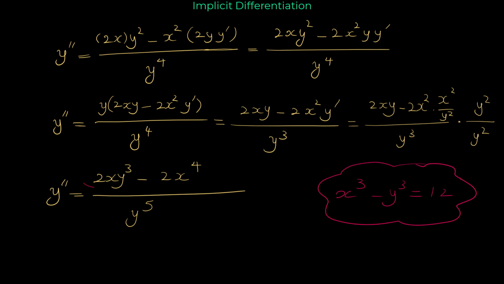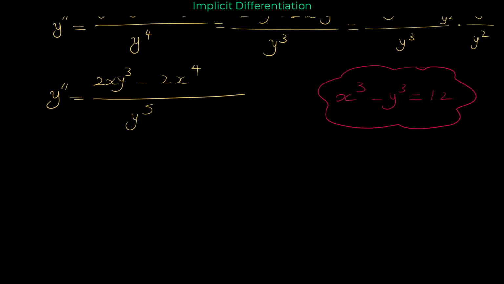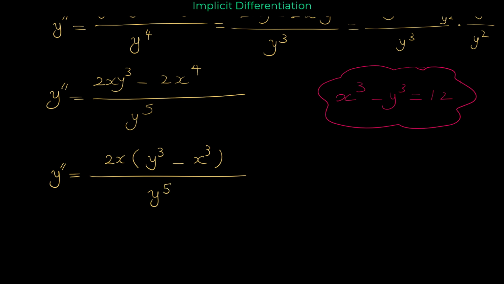Look at the numerator here. If you pay attention, you can factor a 2x in the numerator. So we can write y double prime like this: 2x times y to the 3 minus x to the 3, all over y to the 5.